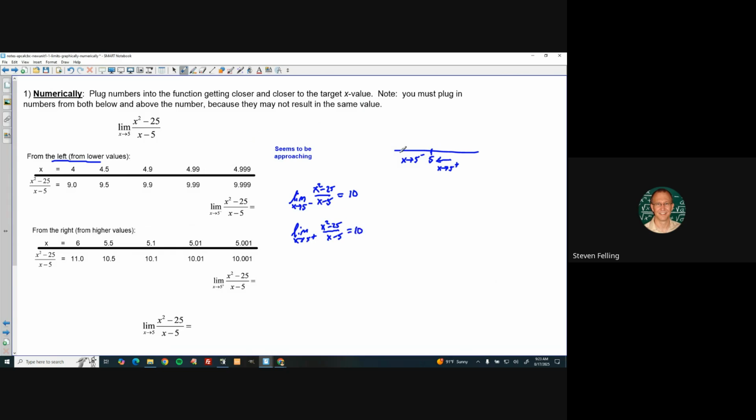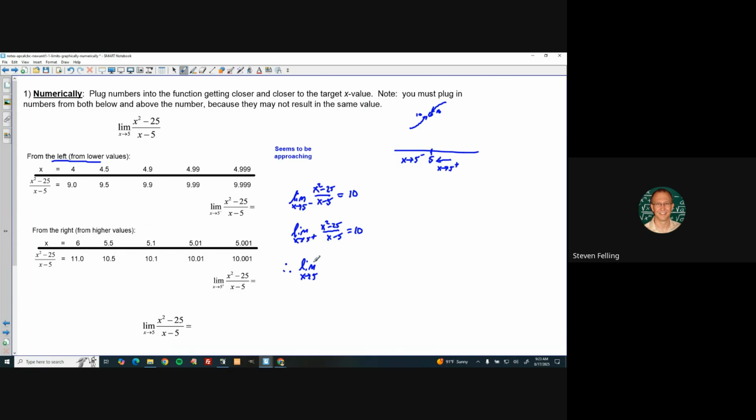And since we have the same values, essentially, as we approached from the left, we ended up getting closer and closer to a 10. And as we came from the right, we also approached the number 10. That means that the number we're approaching seems to be 10 regardless of which direction we're approaching. So now we can say, therefore, these three little dots are shorthand for therefore, the limit as x approaches 5, but we don't specify a direction.